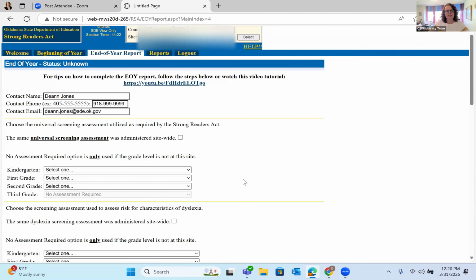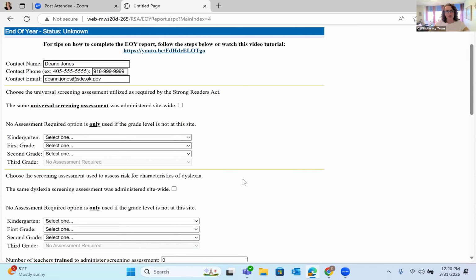The next section is about your universal screener. So you will notice, if you have done this before, that there is one thing that is different. If you are a site that does not serve all grade levels, K through 3, this time, for the first time, any grade levels that you do not serve will be grayed out, and you will not have to enter information for that grade level.